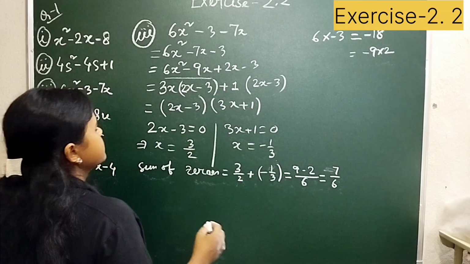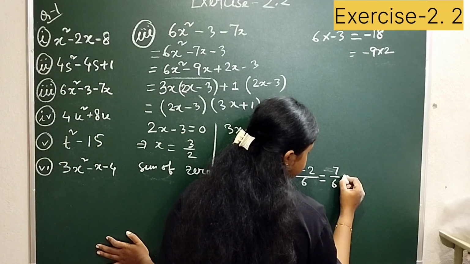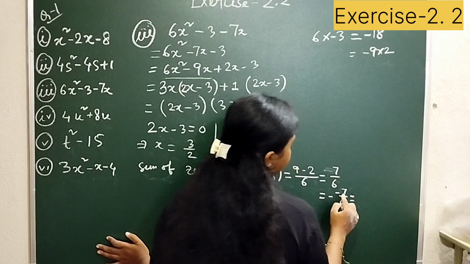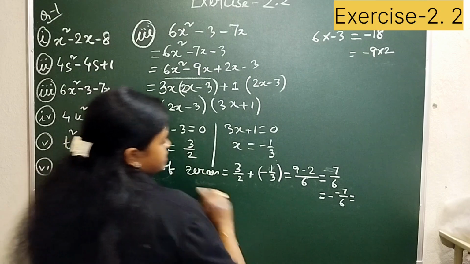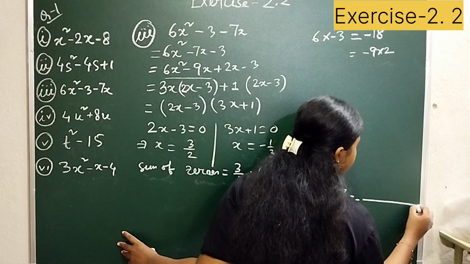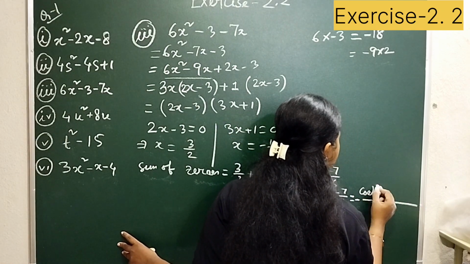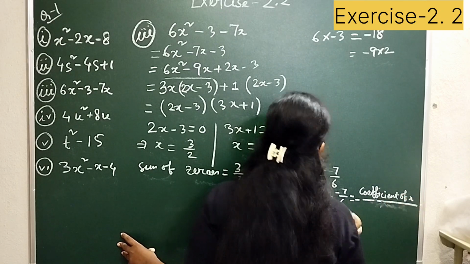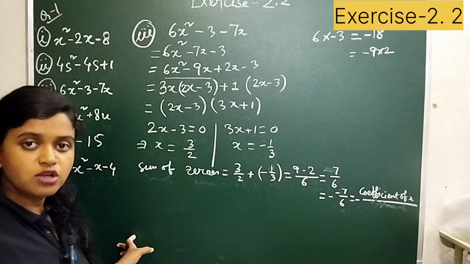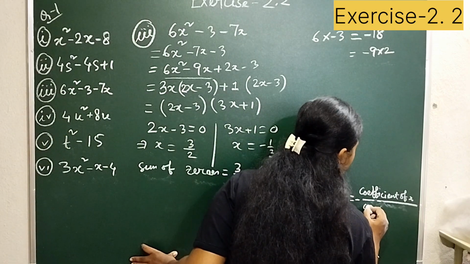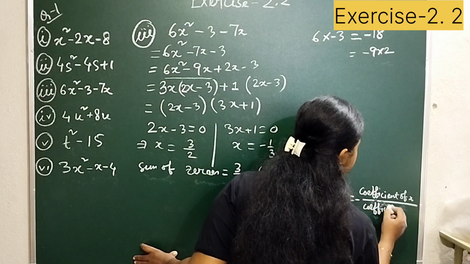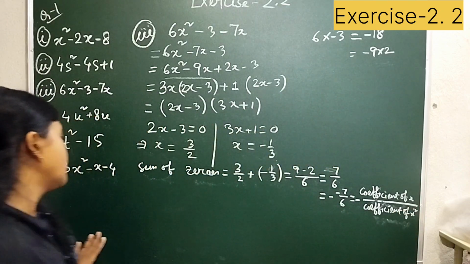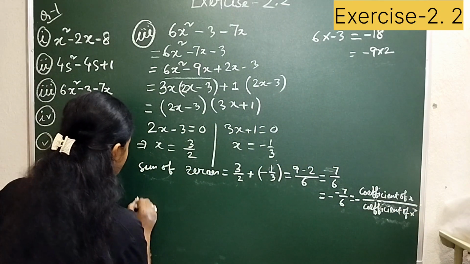But we have to write this as minus of minus 7 by 6. So minus 7 is what? Coefficient of x. So minus coefficient of x, and 6 is what? 6 is the coefficient of x square. So we write coefficient of x square. Okay.